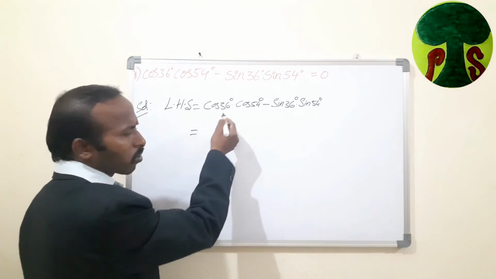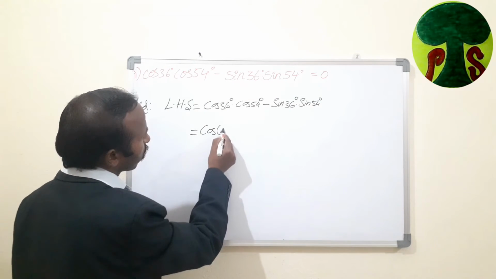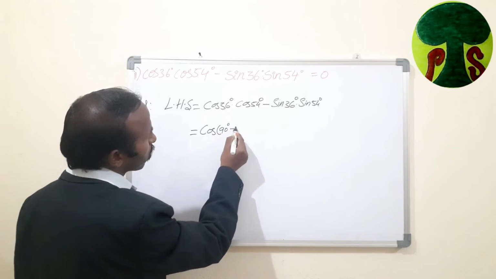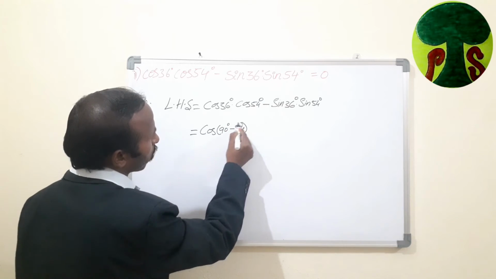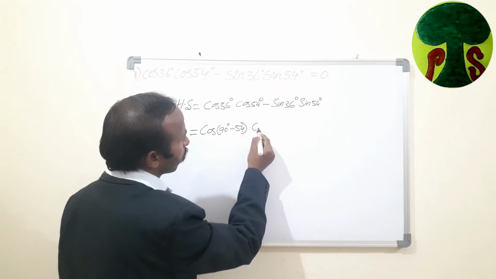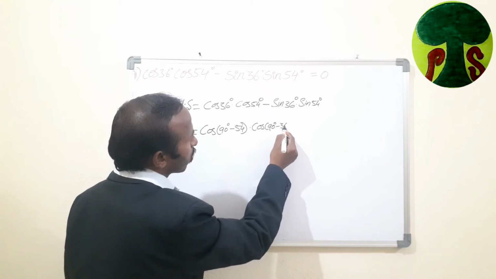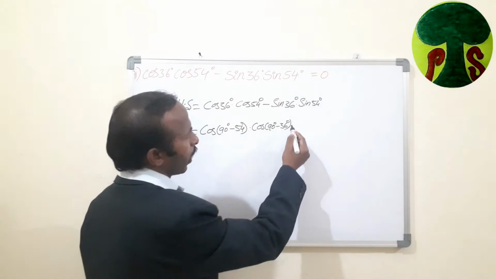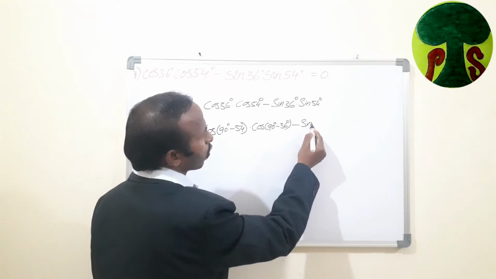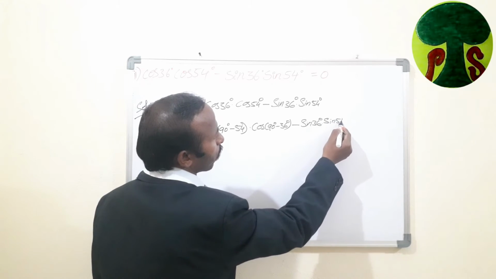See, cos 36 degrees we can express as cos of 90 degrees minus 54 degrees. In the same way, cos 54 also as cos of 90 degrees minus 36 degrees, minus sin 36 degrees into sin 54 degrees.